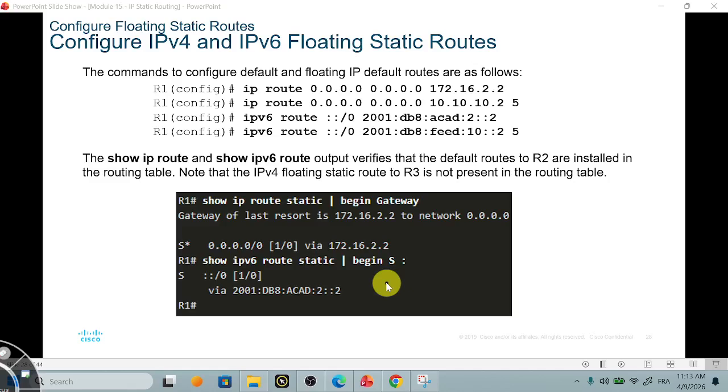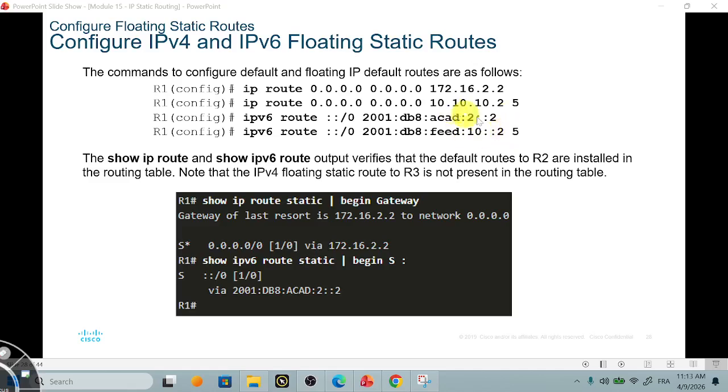For IP version 6 static routes, instead of 0.0.0.0, we put ::/0, and we put the destination next hop IPv6 address, and then you put the value of administrative distance.